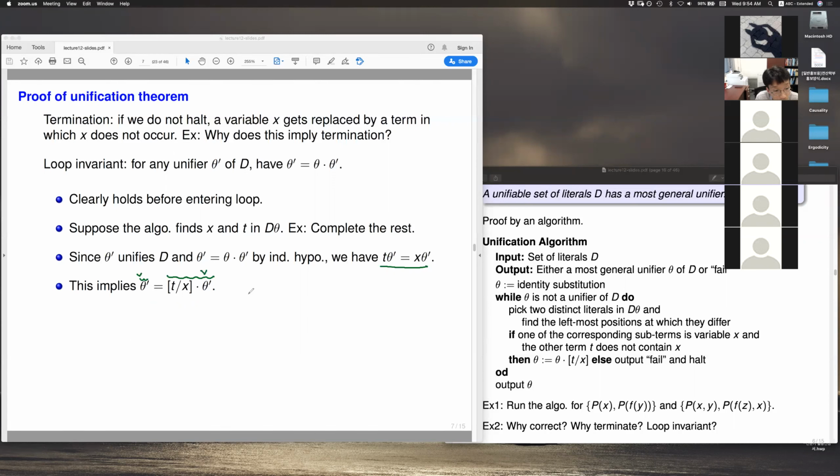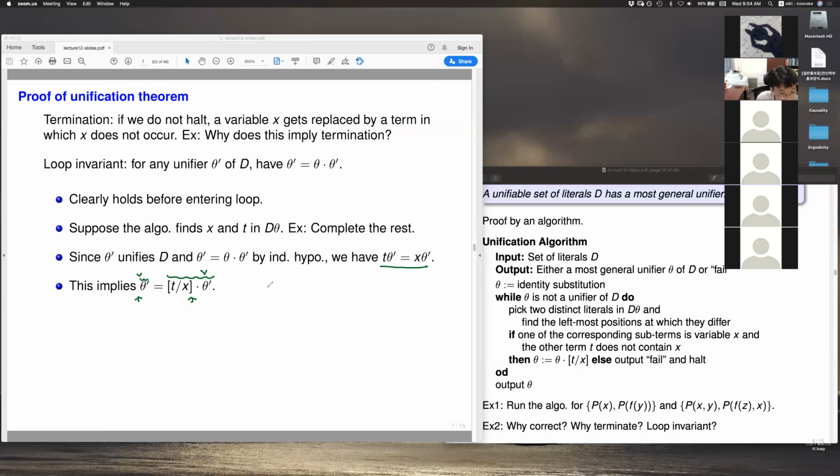For all the other variables, they behave exactly the same, because replacing x by t won't change any other variable at all. So the only thing we have to make sure is that the left-hand side and the right-hand side map variable x to the same thing.